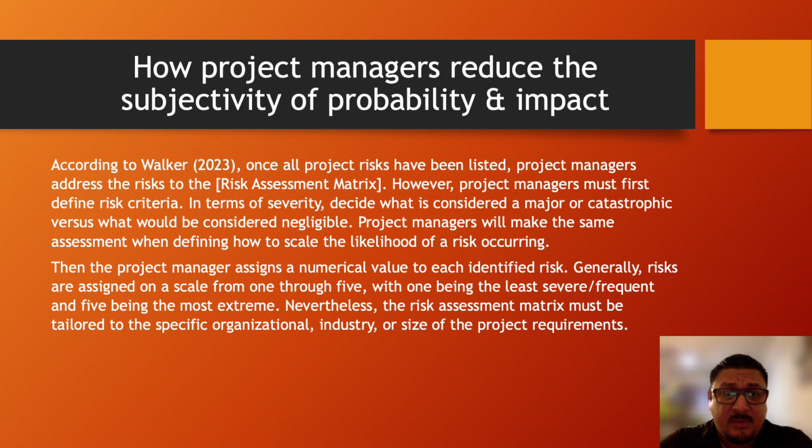Project managers will make the same assessment when defining how to scale the likelihood of a risk occurring. Then the project manager assigns a numerical value to each identified risk. Generally, risks are assigned on a scale from 1 through 5, with 1 being the least severe or frequent, and 5 being the most extreme. Nevertheless, the risk assessment matrix must be tailored to the specific organizational, industry, or size of the project requirements.